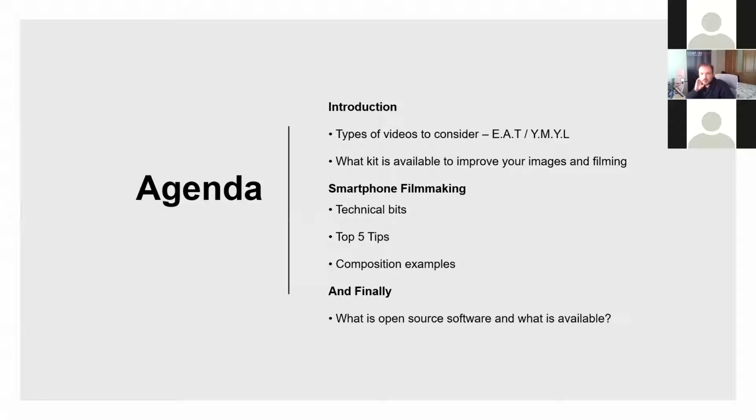Then these certain algorithms Google have, and how rich content, which is content with video added to it, can help. What types of kits are available. I'm going to talk about a few technical bits and some top tips, some examples, and then chat a bit about open source software and what is available to help you.